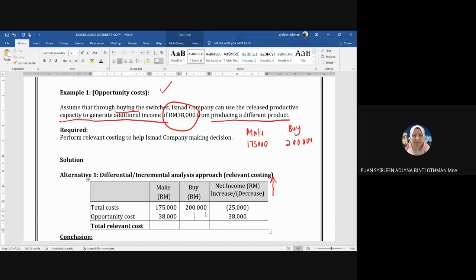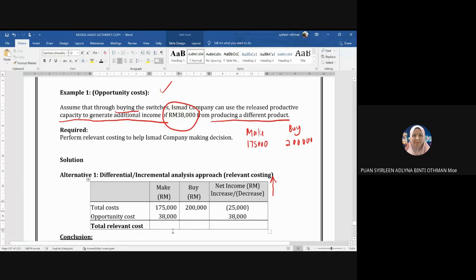Dan item tu saya boleh jual dekat orang dan saya dapat duit tambahan sebanyak 38,000. So 38,000 tu boleh menanggung bayaran yang saya perlu bayar kepada pembekal, which is the Zulman Incorporated tadi kan. So dia akan mengurangkan kos bayaran yang saya perlu tanggung untuk beli switch tadi. Okay, nilai dia sebanyak 38,000.